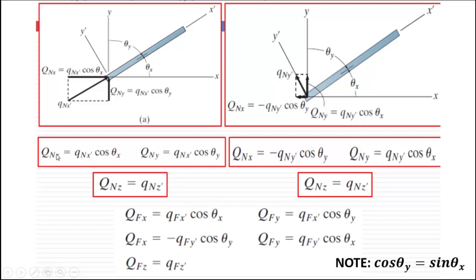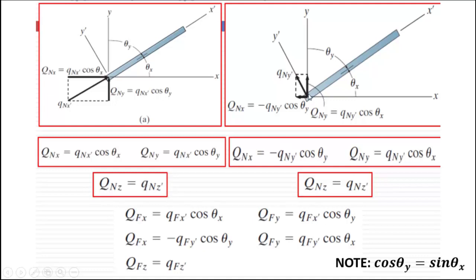So N stands for near end. Notice also that we have here capital Q N Z equal to small q N Z prime. This accounts for the rotation or the moment at the joint. So moments don't need to be resolved, it's just a direct 1:1 value.